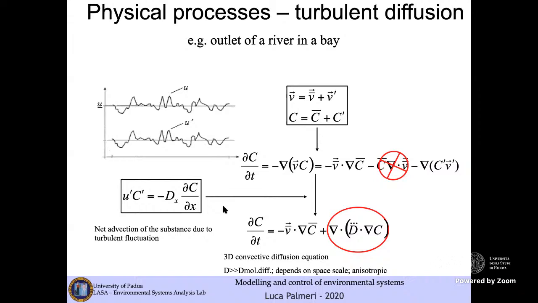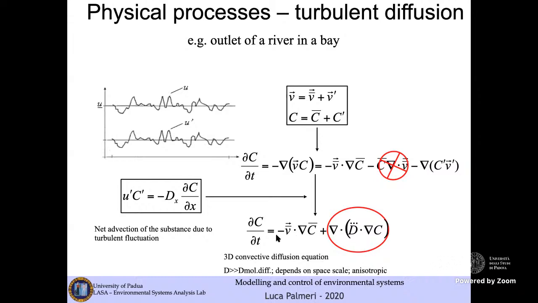In 3D, we obtain a convective diffusion equation in which D represents the terms that describe the diffusion conditions. In particular, D in this case is a tensor, so not even a matrix, but a more than two-dimensional set of values in terms of diffusions.